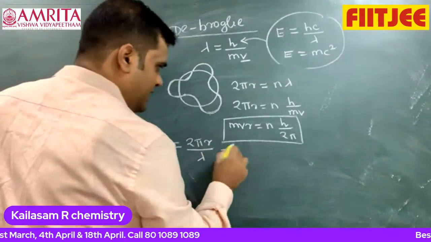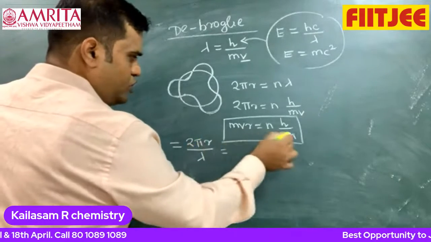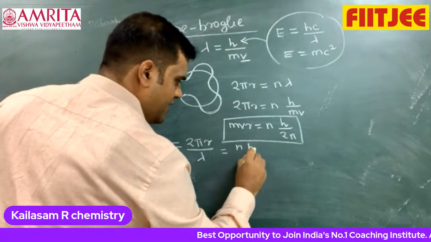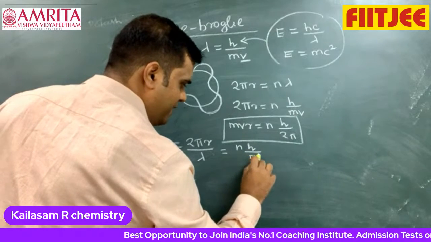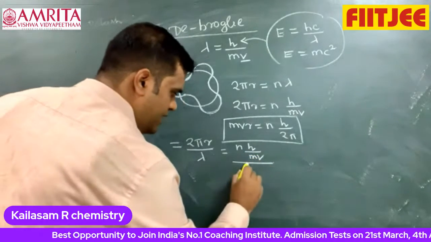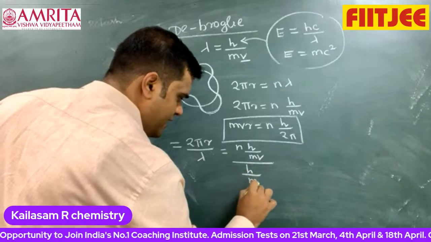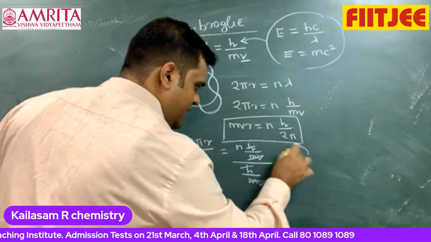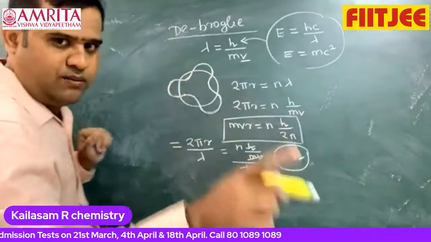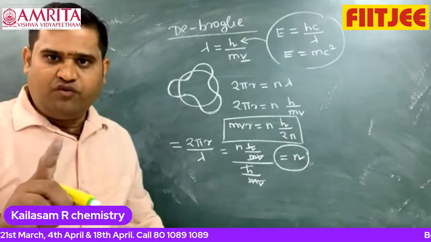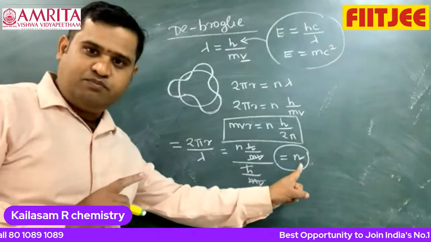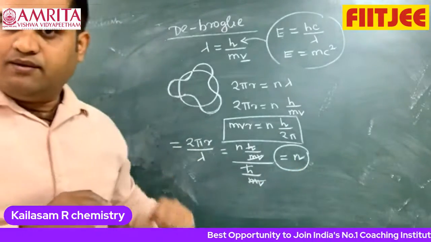We can write that 2 pi r is nothing but n h by mv, divided by lambda, which is h by mv. h by mv cancels off, which is equal to n. n is called the principal quantum number. That means the number of waves produced in a particular Bohr orbit is nothing but the principal quantum number.